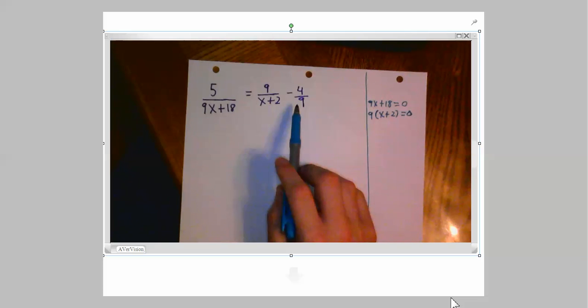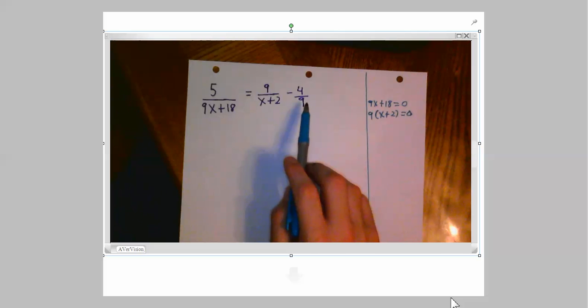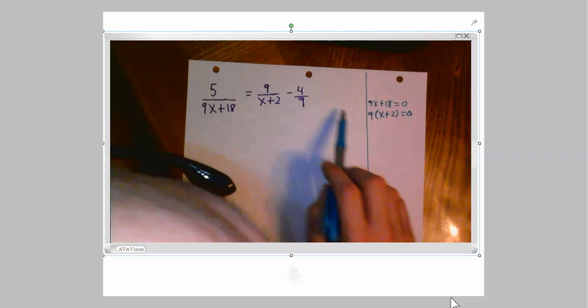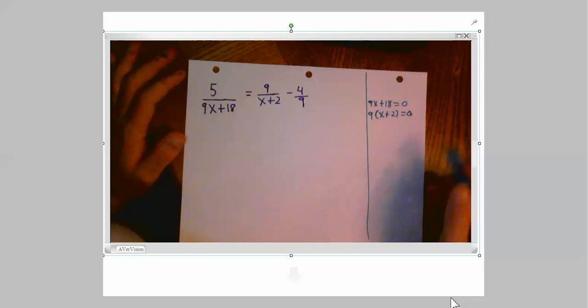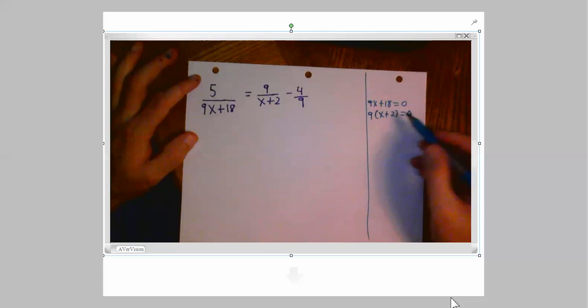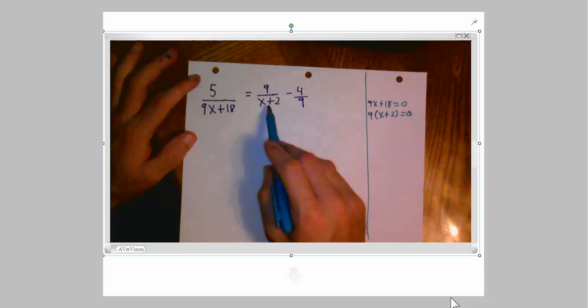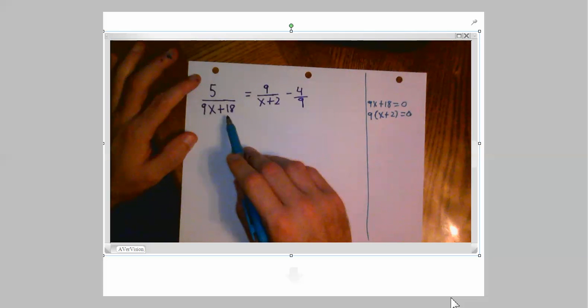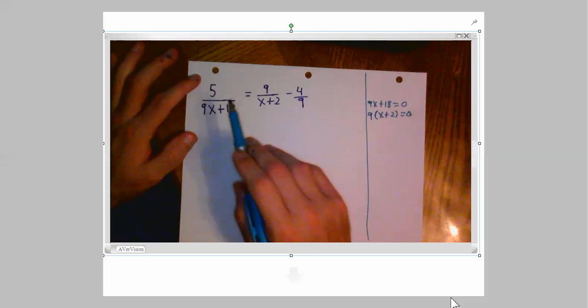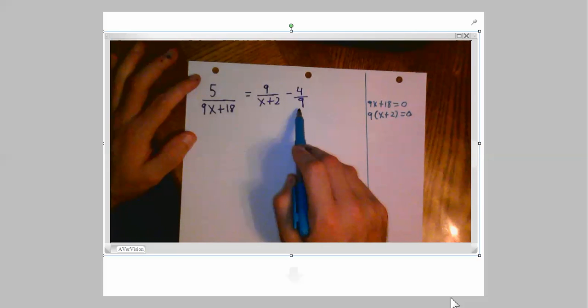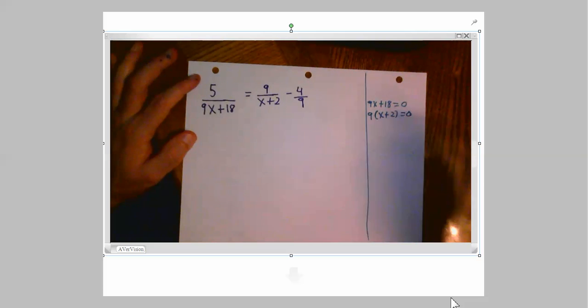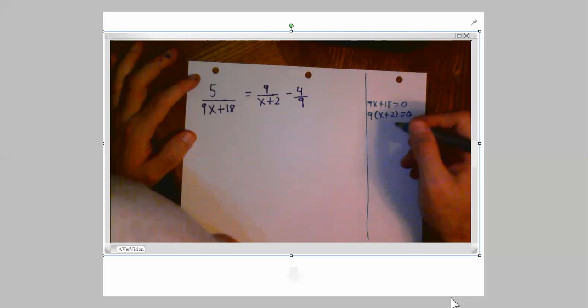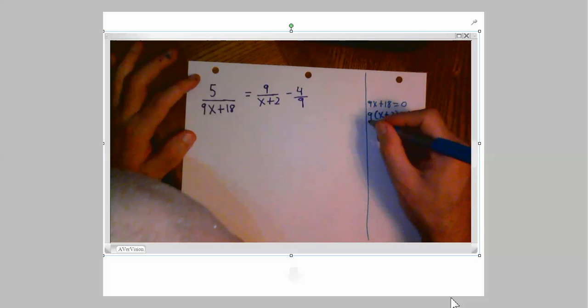That's going to help me when I'm trying to find a number that's divisible by this term and this term. So I factored the 9 out. Now notice that 9x plus 18 is equal to x plus 2 times 9. That's going to be helpful later on, because 9x plus 18 is divisible by 9x plus 18, x plus 2, and 9, right?